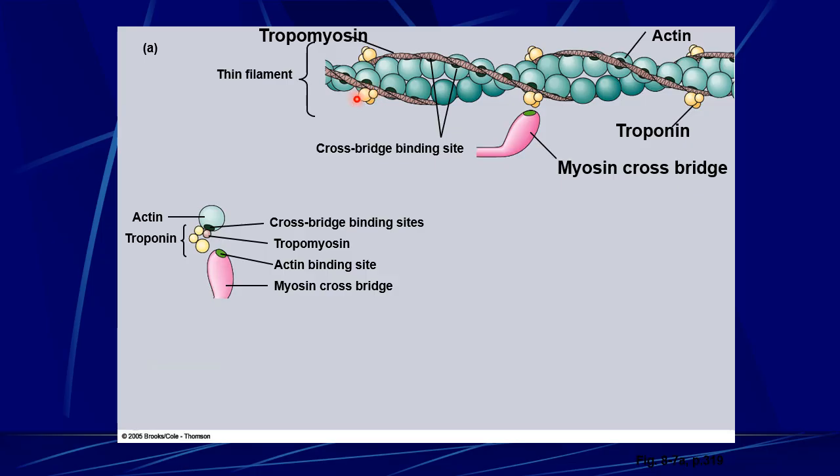So here you're going to have your troponin, and you don't have calcium there, so troponin is allowing tropomyosin to block that interaction with myosin, right there. Okay. So remember, in your myosin head, you're going to have that actin binding site. But then if you have tropomyosin over there, then this site cannot interact with actin.